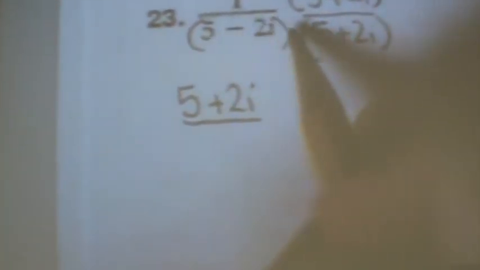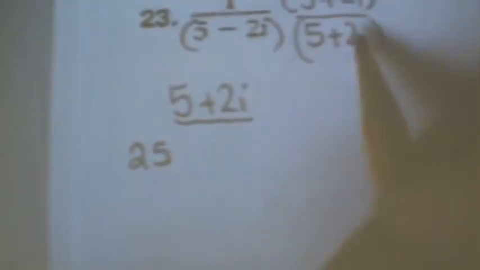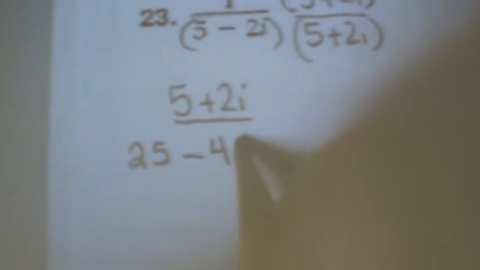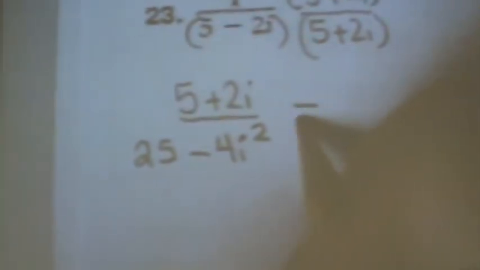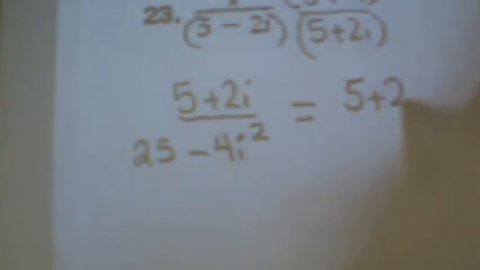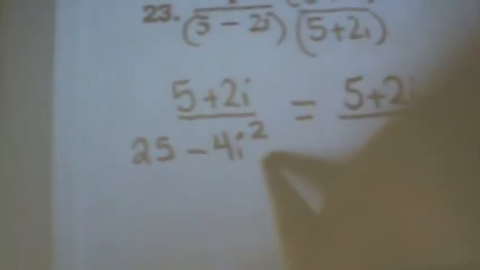And on the bottom, you have 5 times 5 is 25. You don't need to do the next two because they will cancel out. And this is going to be minus 4i squared, which is really plus 4. So you have 5 plus 2i over 25 plus 4.